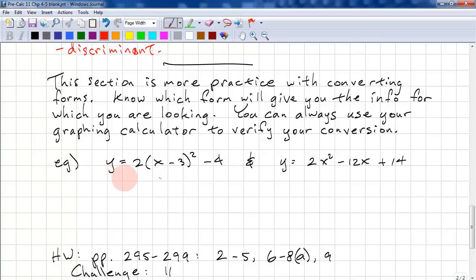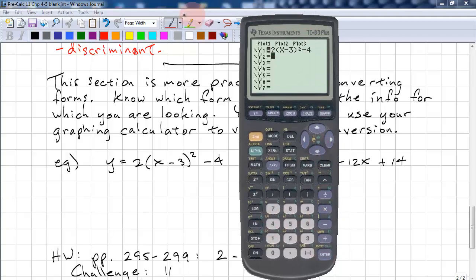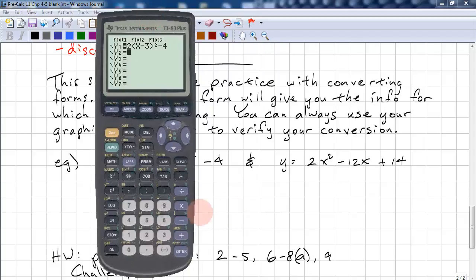So here we want to see if this conversion is correct. We have y equals 2(x minus 3) all squared, minus 4. And for the other equation, we have 2x squared minus 12x plus 14.